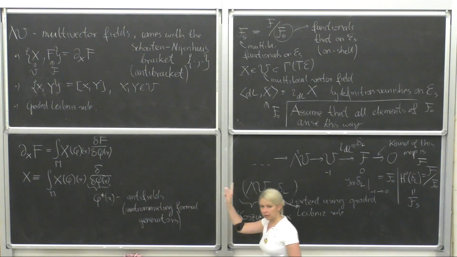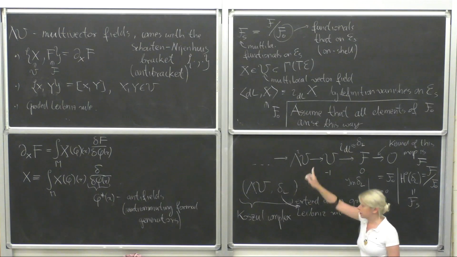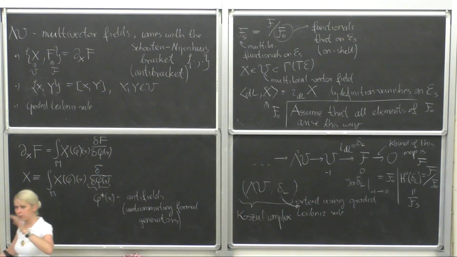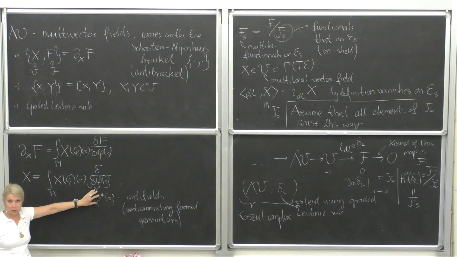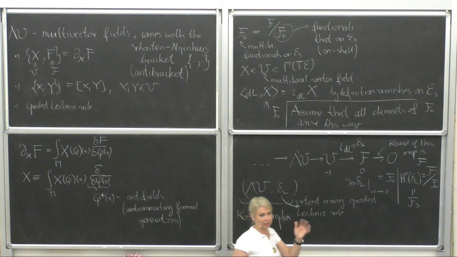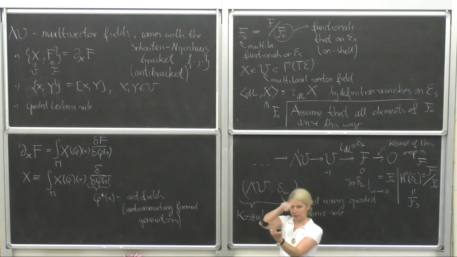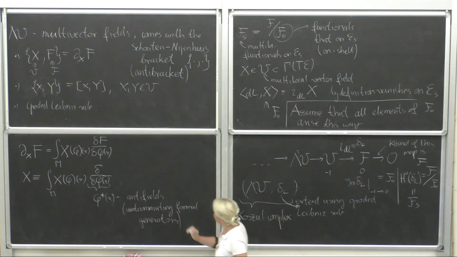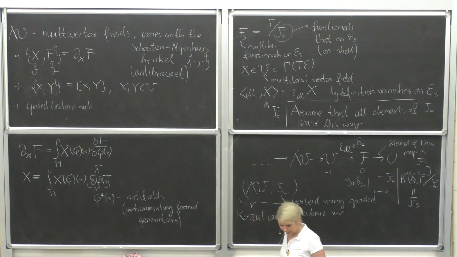One can unpack this definition of the Schouten bracket in terms of taking derivatives with respect to fields and anti-fields. Derivatives with respect to these are always going to be left derivatives unless stated otherwise, so you just take one off from the left-hand side. Okay, so that's some notation just to make connection to other things.